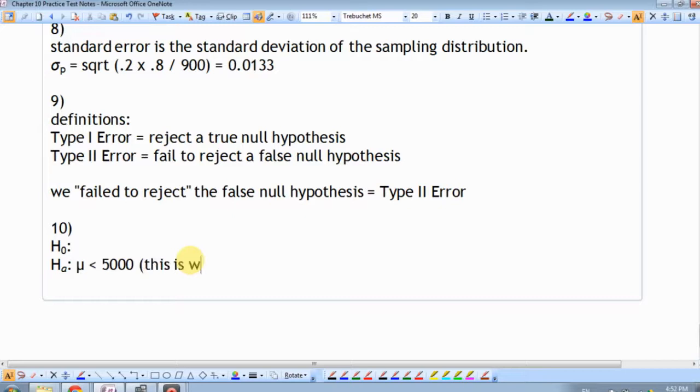Wait, I thought you said 500. Okay. And if that's my alternative hypothesis, then my null hypothesis has to be the same value of mu but equal. Mu is equal to 5,000.